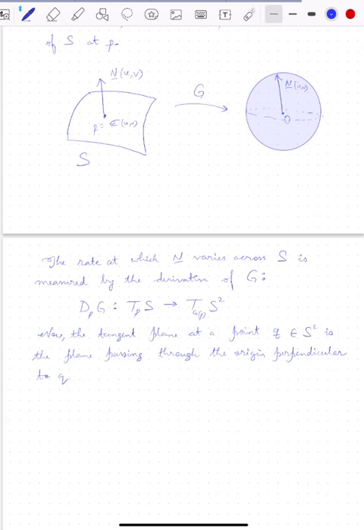So since Q will be here in S2, the tangent plane at point Q in S2 is the plane which will pass through the origin.